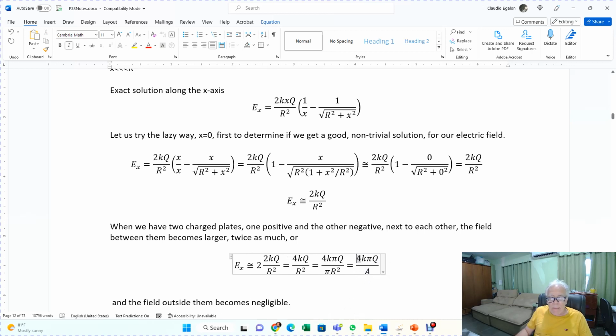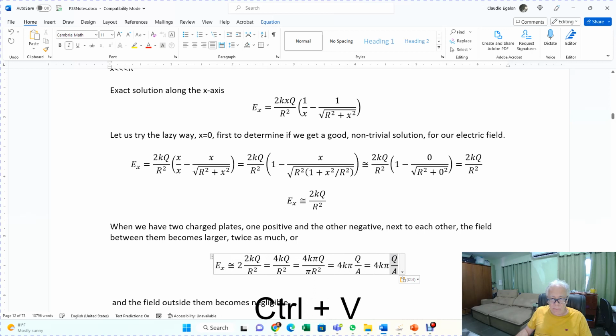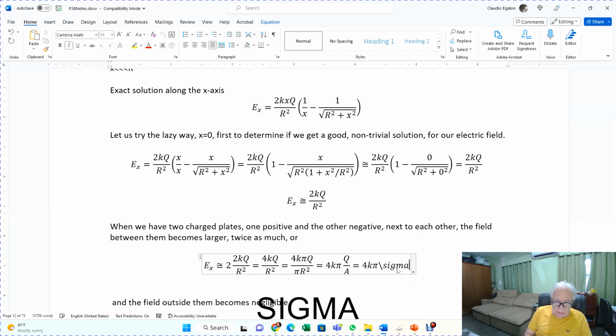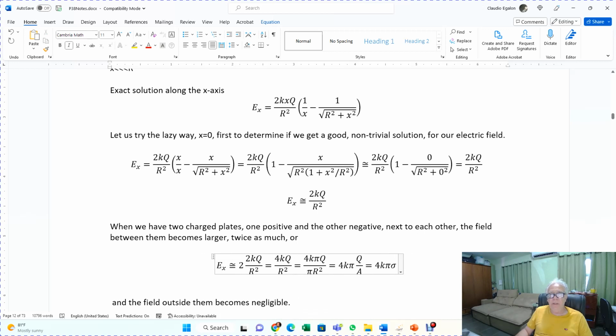And now we have this term for pi k multiplied by this ratio, which by the way is going to be equal to the surface charge density sigma.